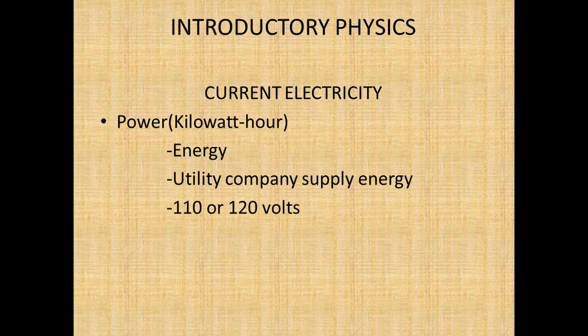And remember, the definition of electric potential difference is the change in potential energy per unit charge. If you remember earlier lectures we gave, the volt is the same thing as the electric potential difference, which is defined as the change in potential energy per unit charge.